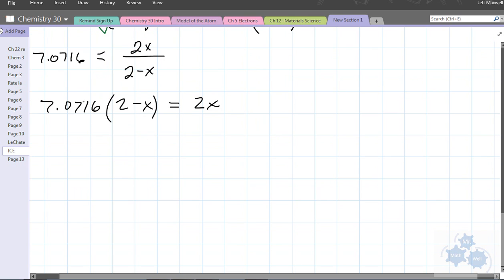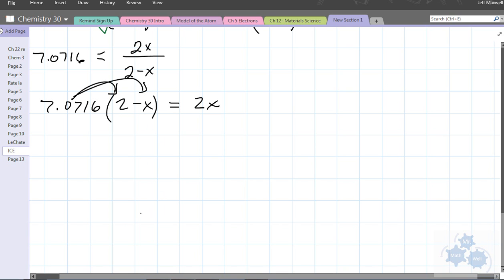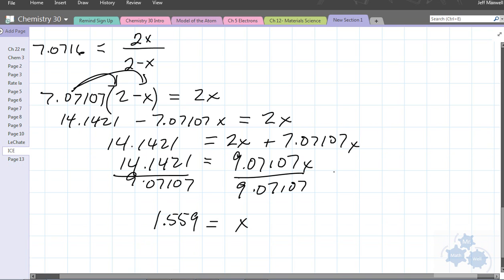And this math now should be pretty straightforward for you. We want to expand, gather all like terms, and solve for x. So I'm just going to expand that out here. Once we expand all this out and we get an x value, gather the like terms, divide, get x all by itself, we get 1.559.